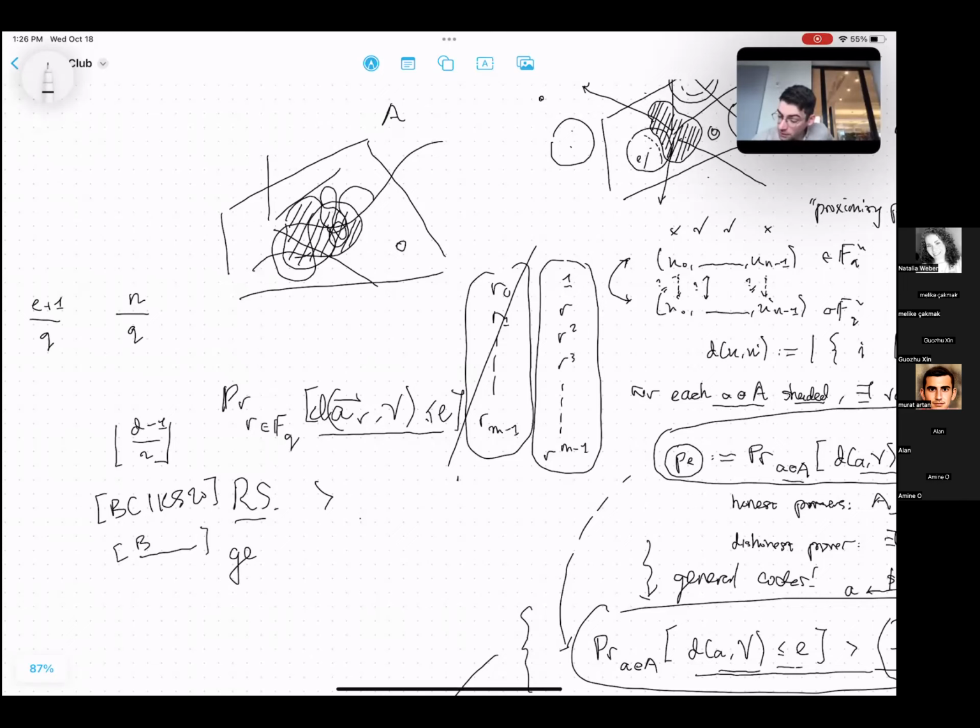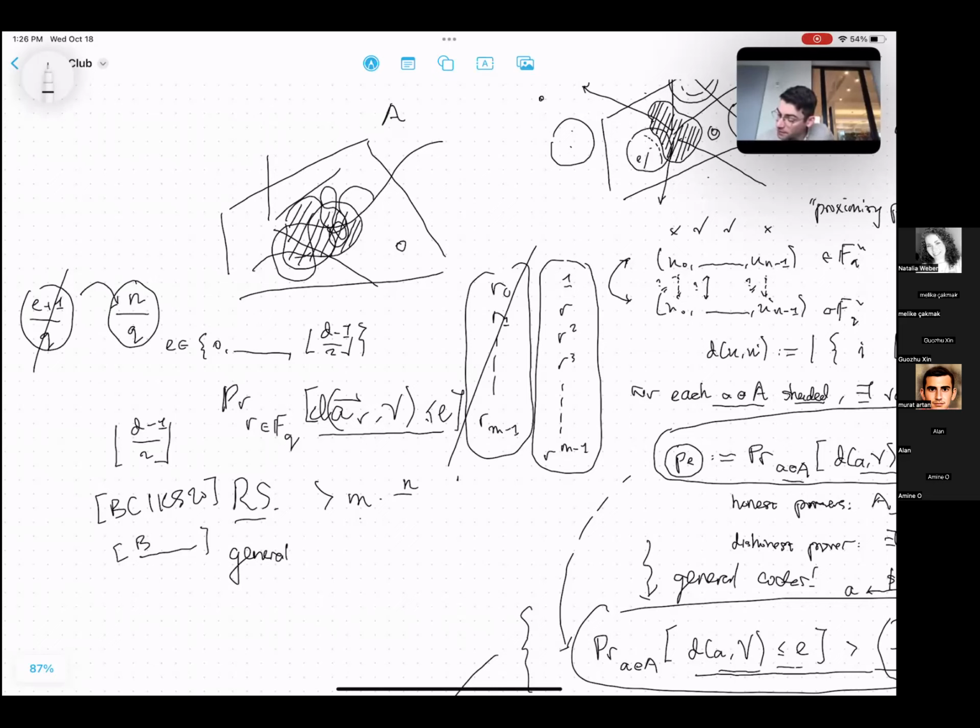So they weaken the false witness probability to be n over q, but they improve the proximity parameter to be up to unique decoding for Reed-Solomon.